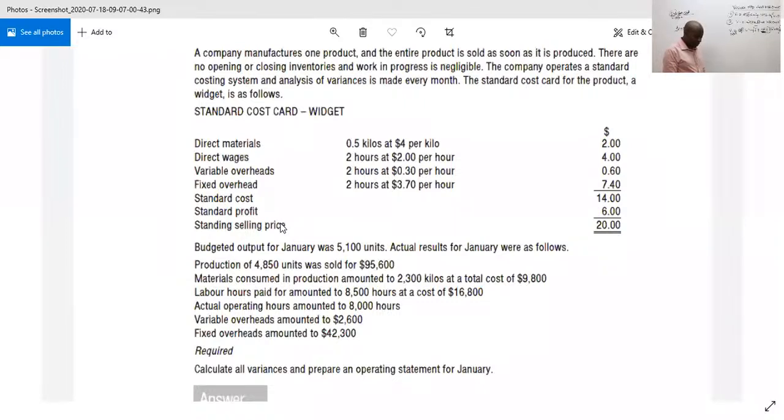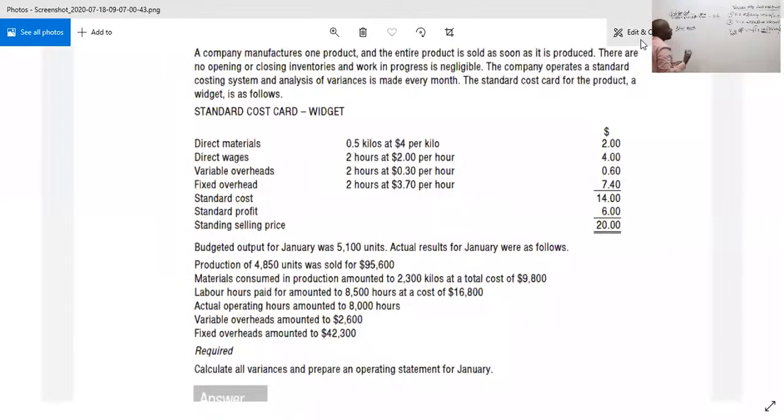What do we have there? I'm able to see my variable overheads: 2 hours at $0.3 per hour, giving us at the corner there 0.6.